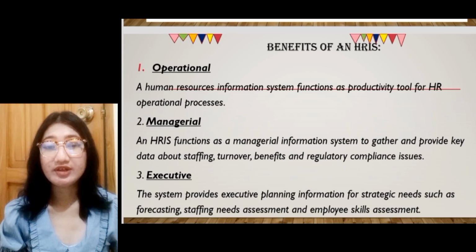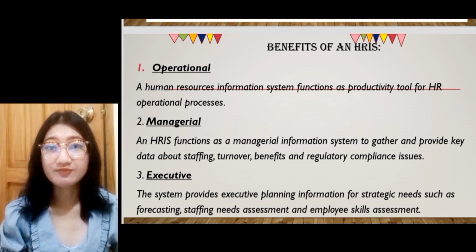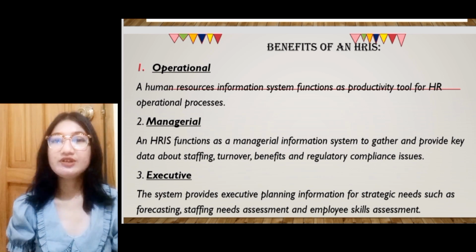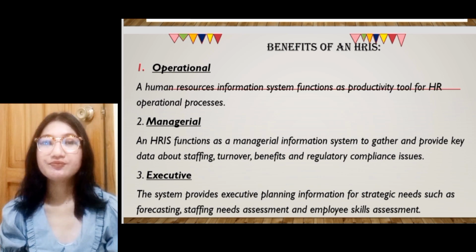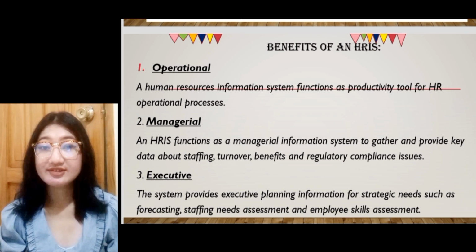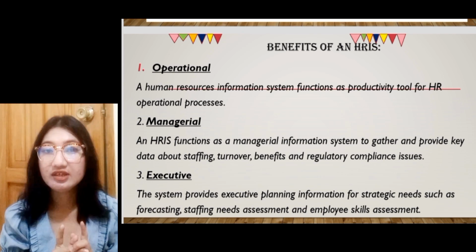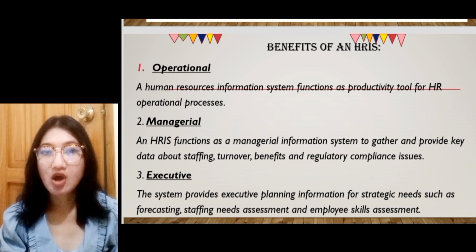Given the benefits of a human resource information system, let's go first with the organizational. So first is organizational. A human resources information system functions as a productivity tool for HR operational processes.